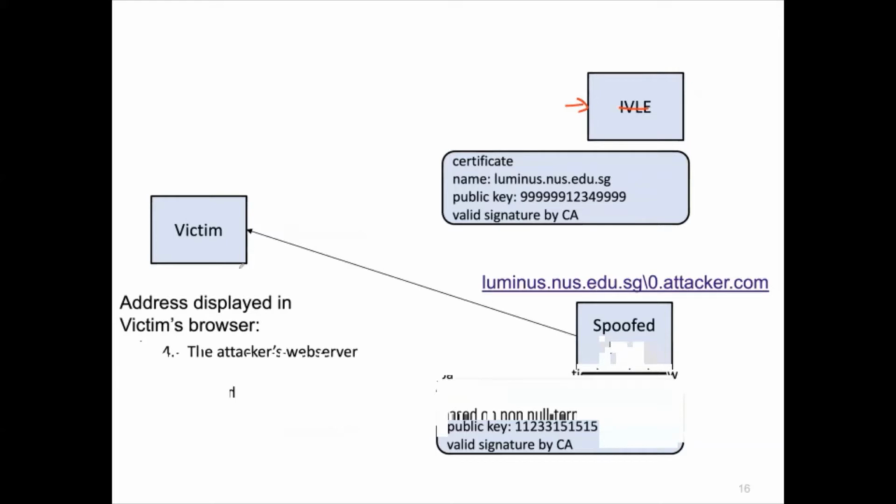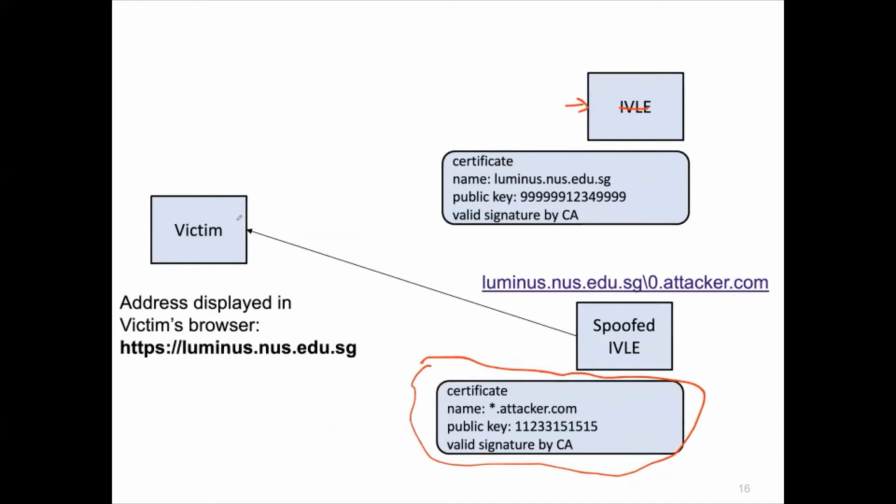The browser then looks at this domain name and tries to compare it with star.attacker.com. The browser uses non-null termination, so when you do the comparison using regular expressions, you find that yes, this actually belongs to star.attacker.com, and thus it is valid. So this certificate is valid.